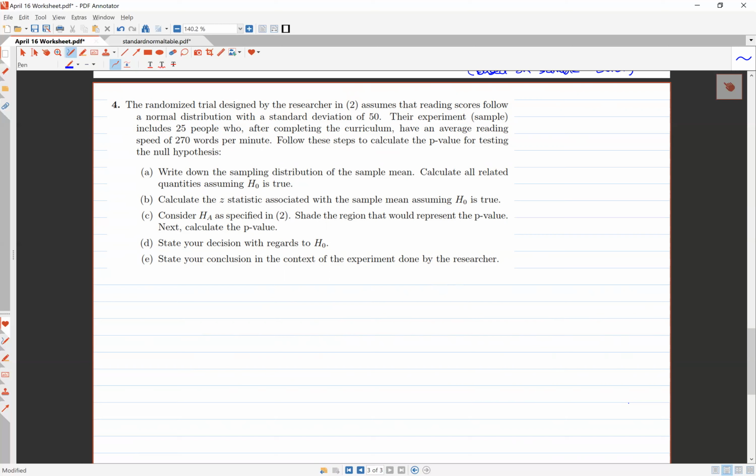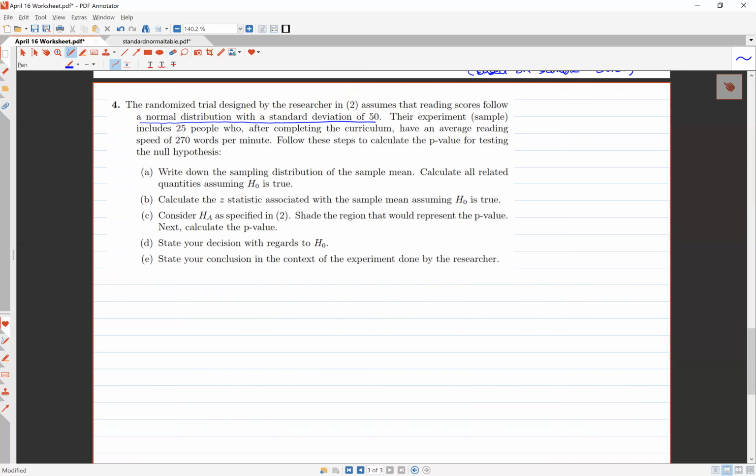So we are back to number 4, which looks at number 2, which is a randomized trial designed by a researcher, looks at reading scores. It is assumed that reading scores follow a normal distribution with a standard deviation of 50.